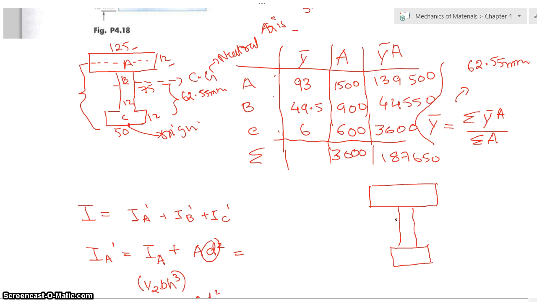We have established that our center of gravity is somewhere over here, and the center of this shape A is somewhere over here.